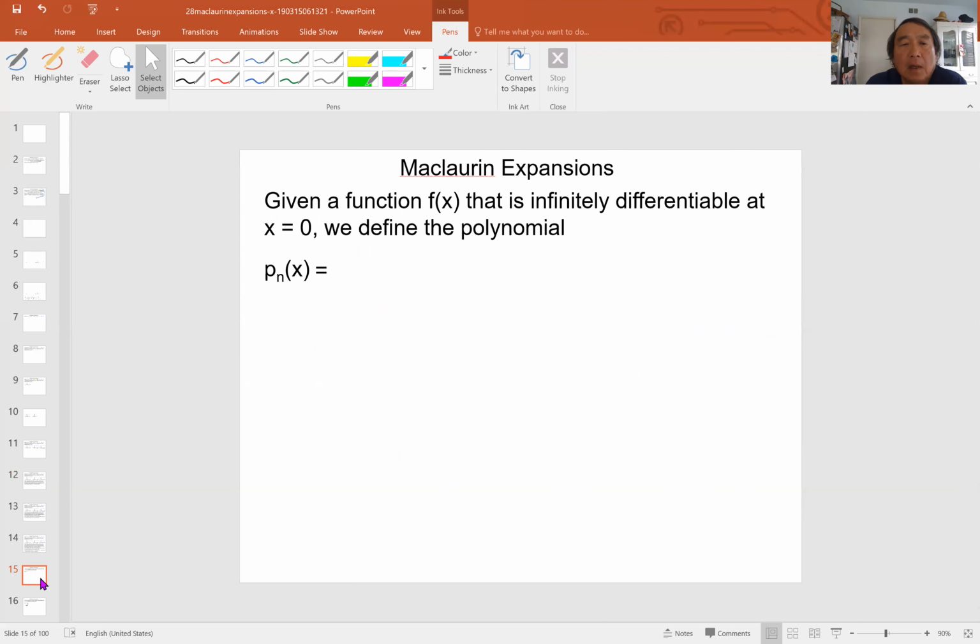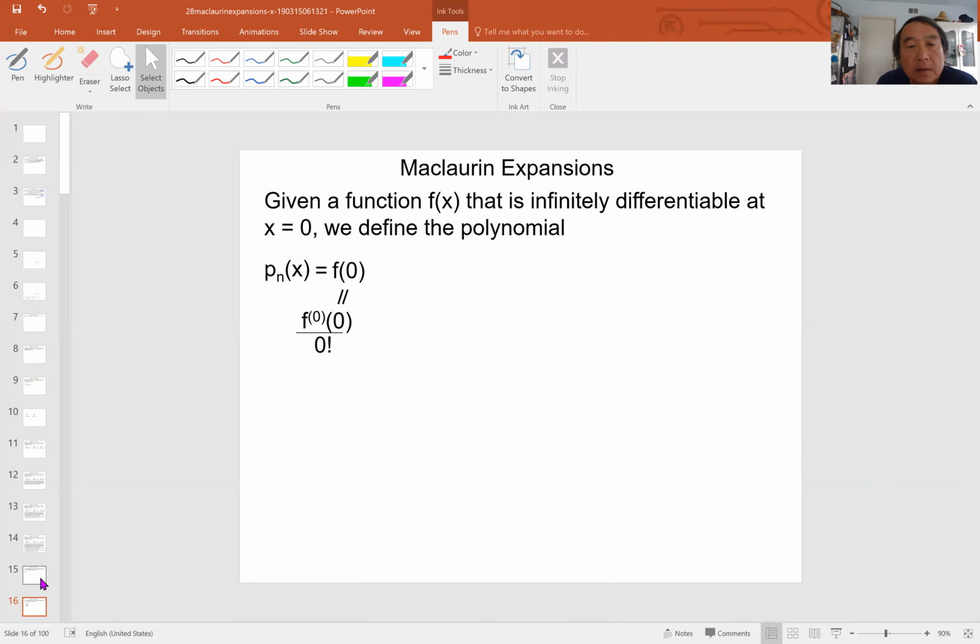Let's start with an infinitely differentiable function around x equals 0. We're going to define the following series of polynomials, which we call the nth degree Maclaurin polynomials.